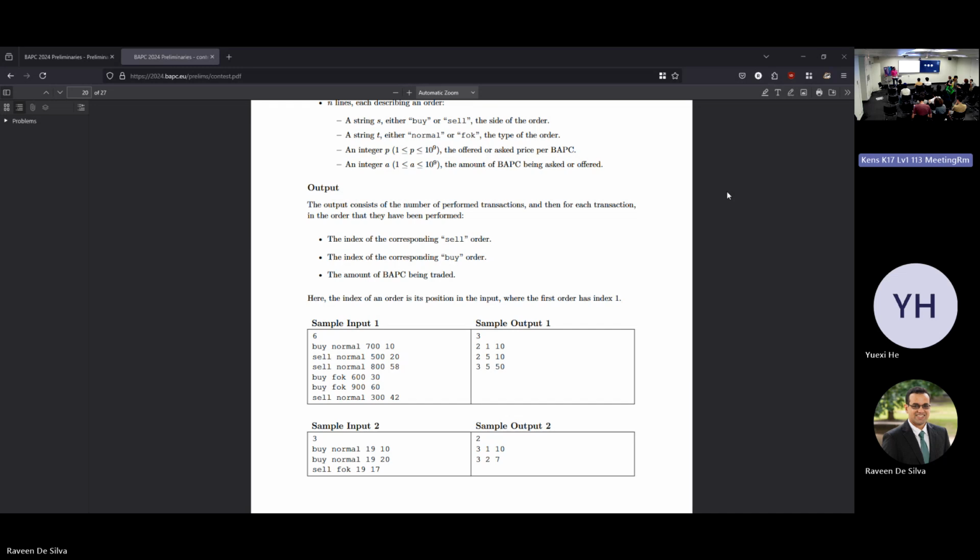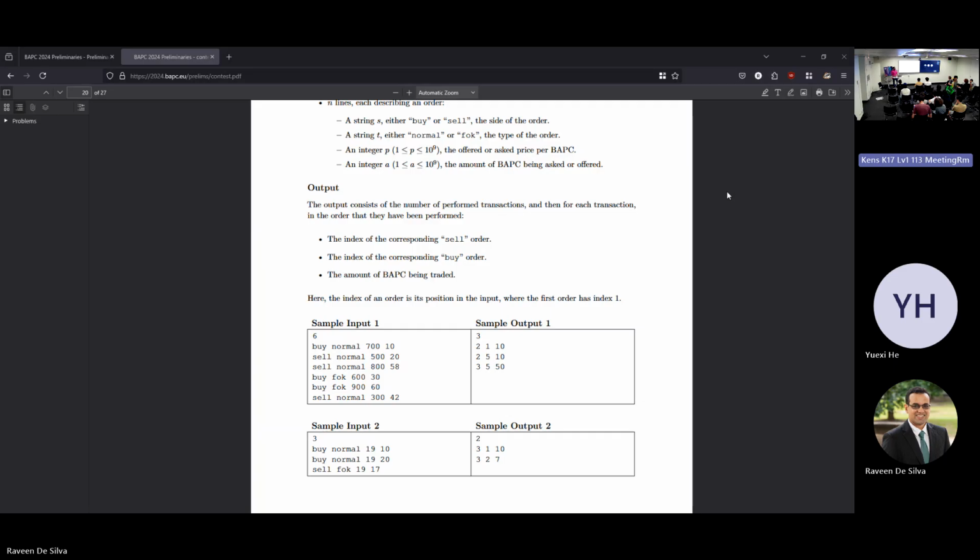However, the next order is at price 900. They're willing to spend a lot on each individual share, and there are 60 shares that are willing to be bought. There's 10 available at the cheap price of 500, and there's 58 available at the more expensive price of 800.